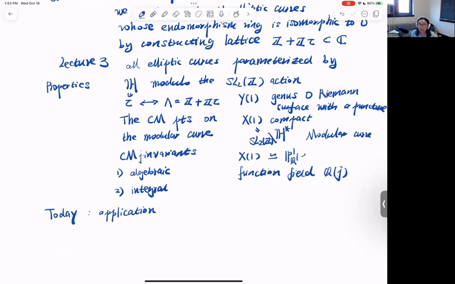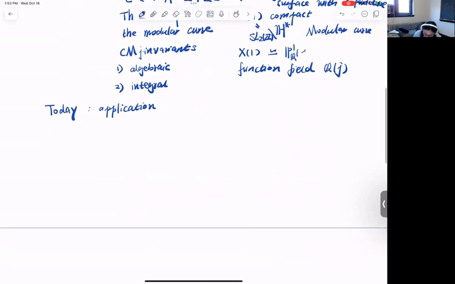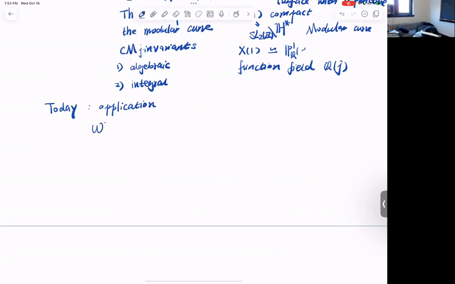So finally, we can discuss why we care about CM elliptic curves. Why are they important? Okay, so the applications, or why are CM elliptic curves important?